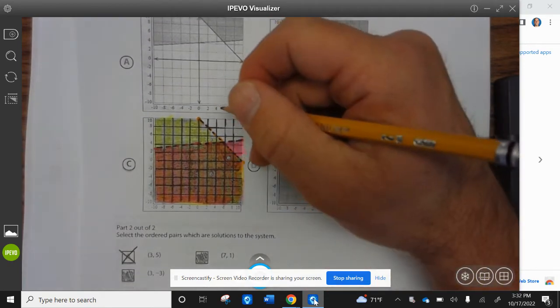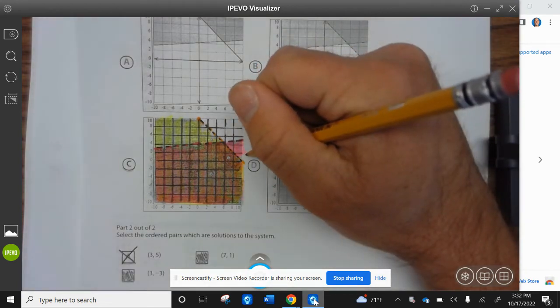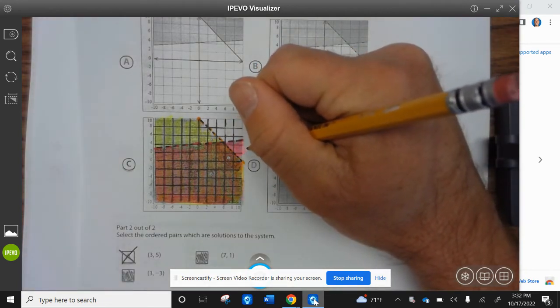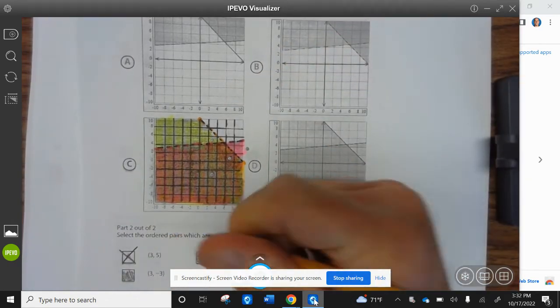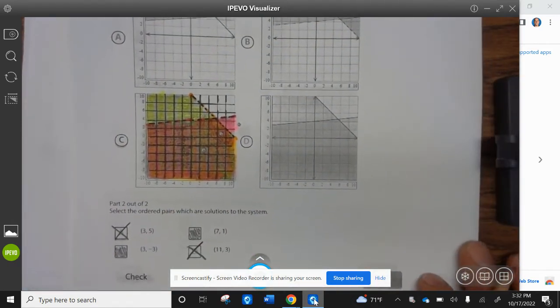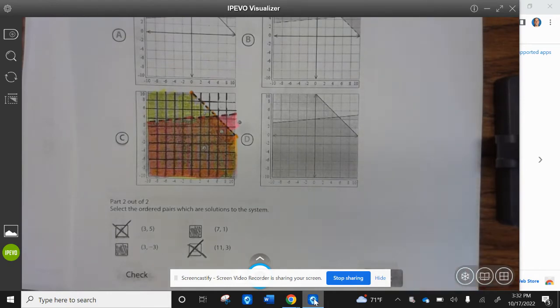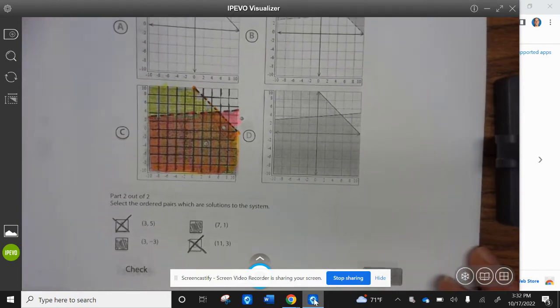Okay, and then (11, 3) is somewhere about here. So that's not a solution. Okay, go ahead and finish up that example. All right, let's take a look at the next.